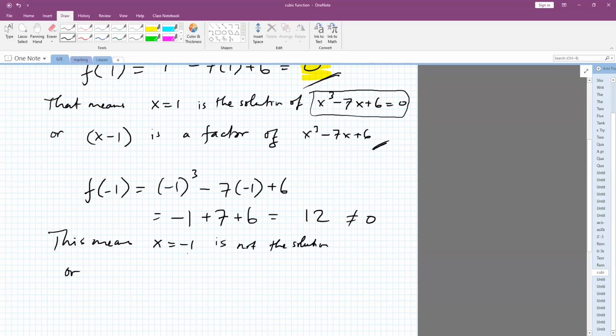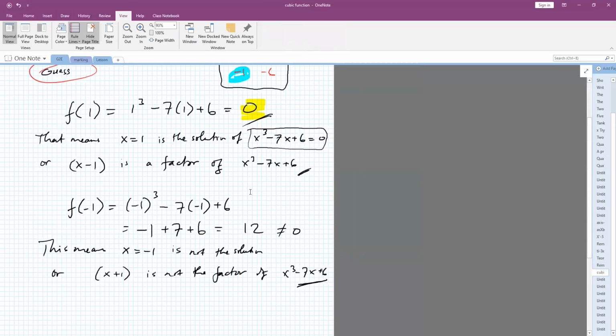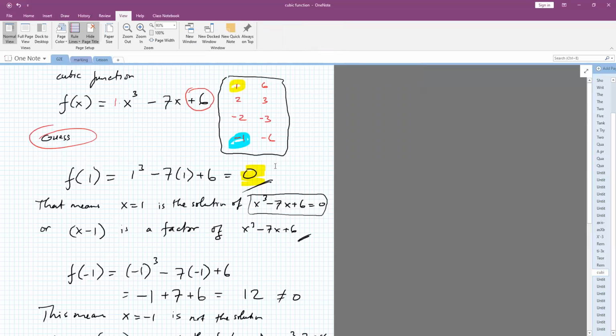Or when you move this minus 1 to the left-hand side, we get x plus 1, which is not a factor of x cubed minus 7x plus 6. So that's how to see whether a number is a factor of a polynomial or not.